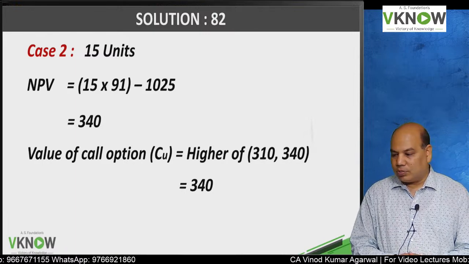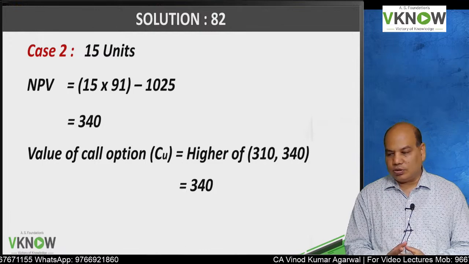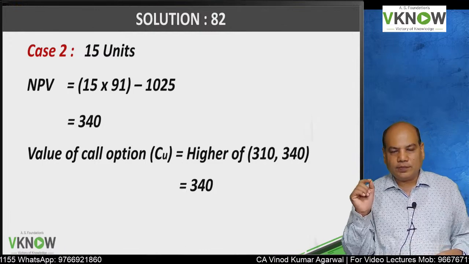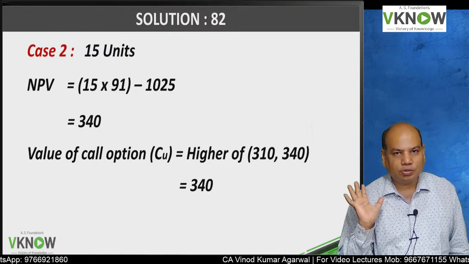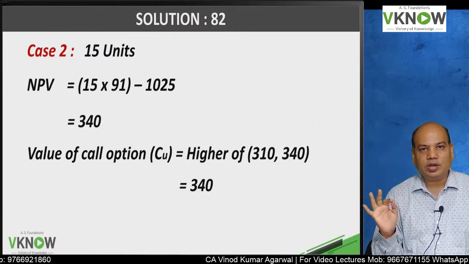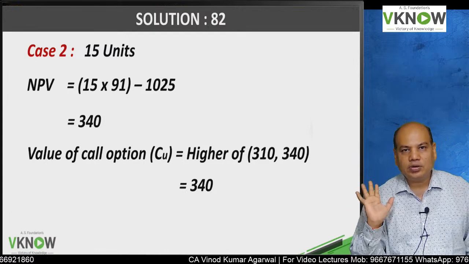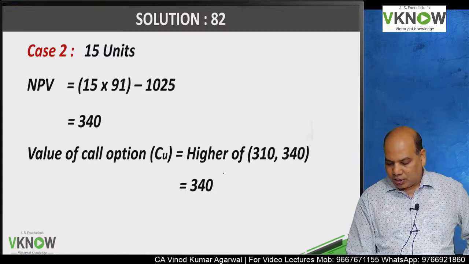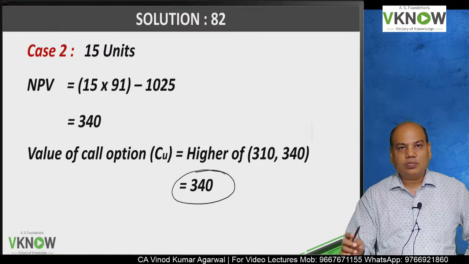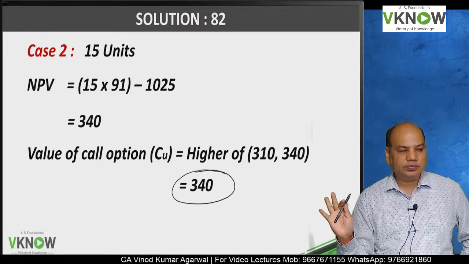I will take higher of the two. So if the market is buoyant, we will construct 15 units and my NPV after 1 year will be 340. Log this number.